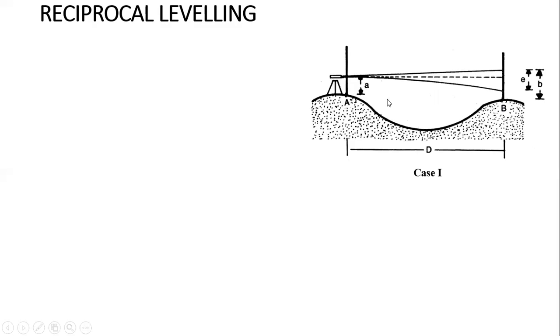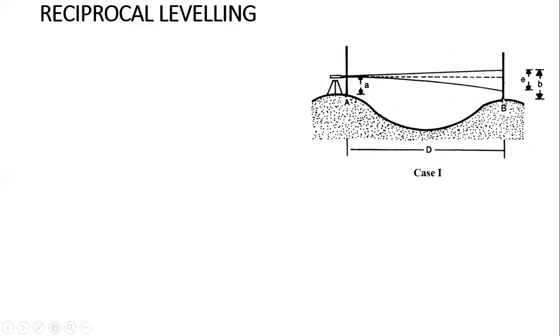So in that case, what will we do? First, we set our instrument on one bank of the river. Suppose it is here. This staff is at point A, which is very close to the instrument. First we take the reading on this staff, and then on the opposite bank there is another staff. Then we have to take the reading on this point also.